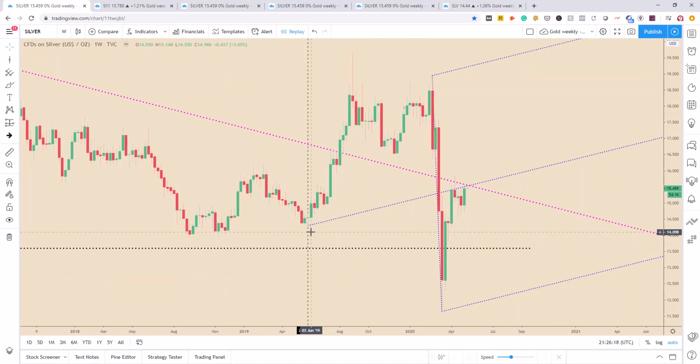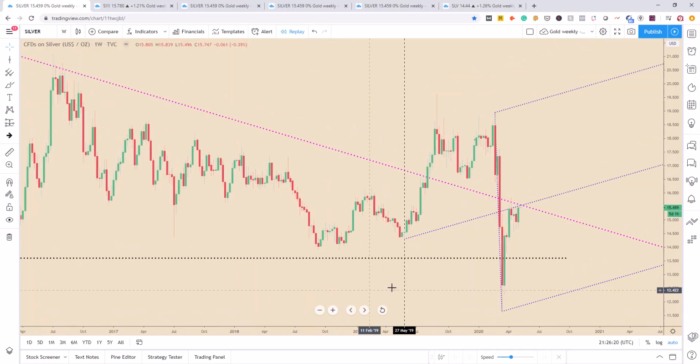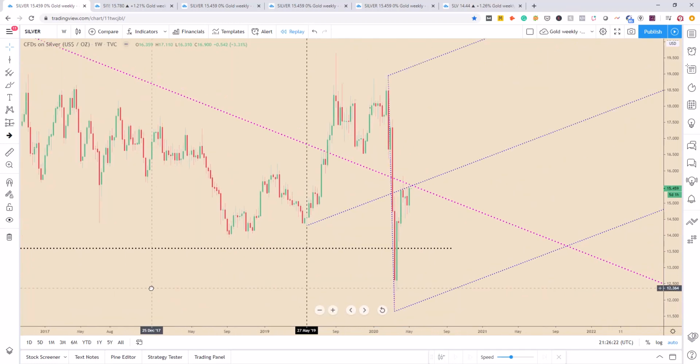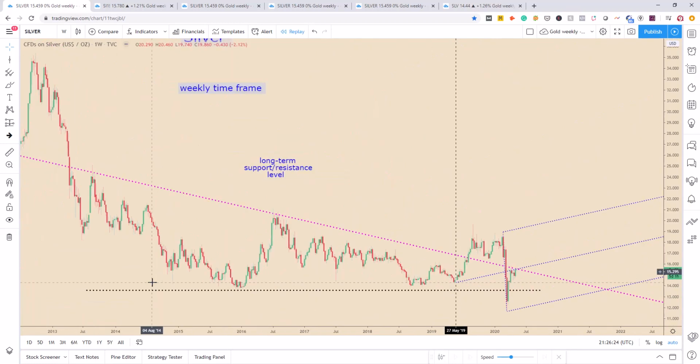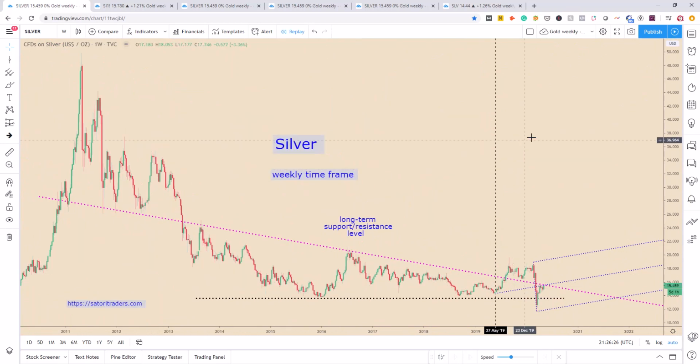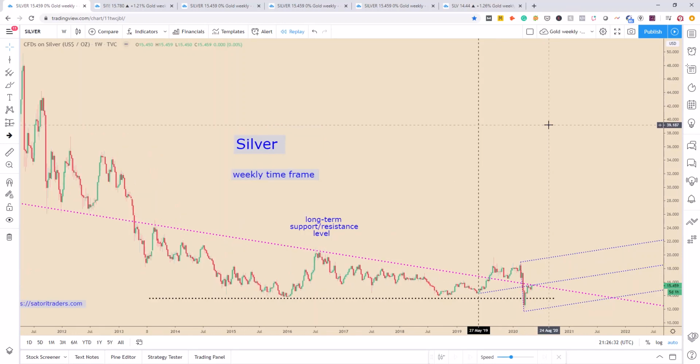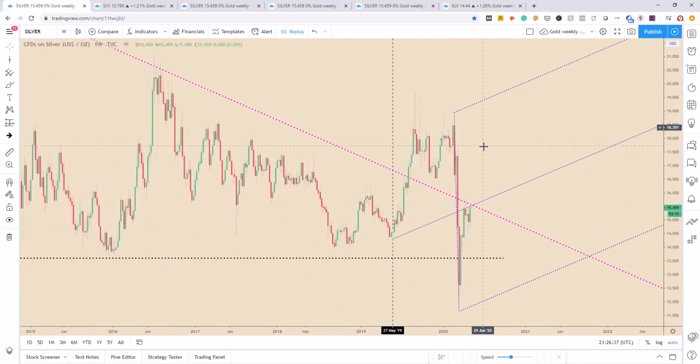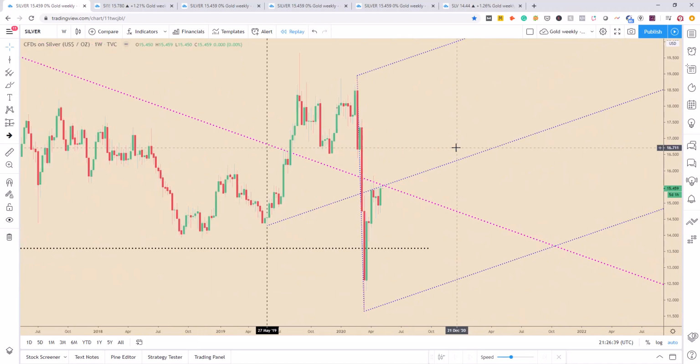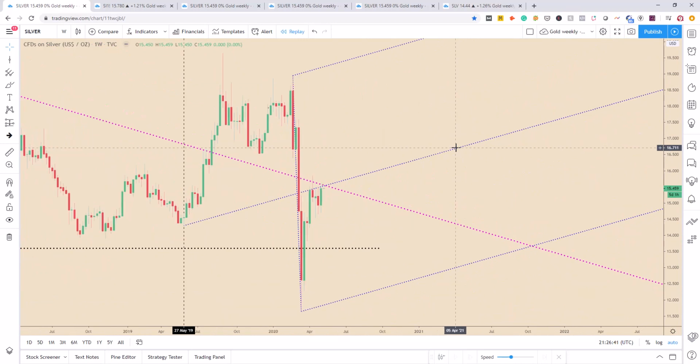I'm choosing the low in May of 19 because that's when I think the latest bull action began. So here we are, big picture, weekly time frame. There's our market structure. Now we've got our fork.